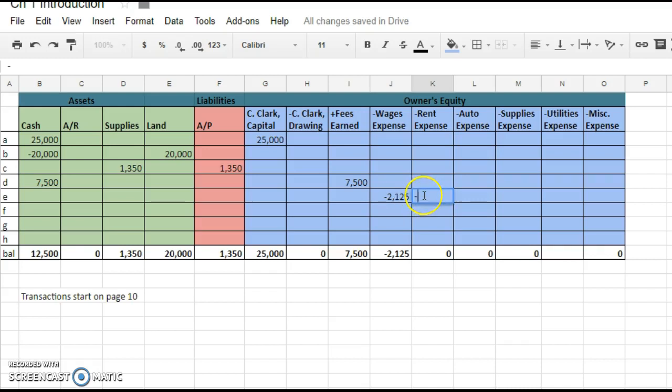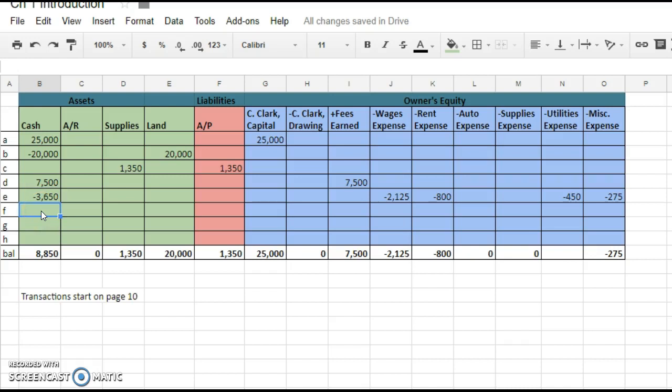Rent was 800, so it makes my capital or my owner's equity go down. Utilities 450. And I hate this account. I wish your book didn't use it. The IRS doesn't like it. Why did you use miscellaneous? You should just make an account, but we'll deal with it. So if I highlight all four numbers, look at the bottom of your screen, we just wrote checks that totaled $36.50. So our cash went down $36.50. So a negative $36.50 equals a negative $36.50.